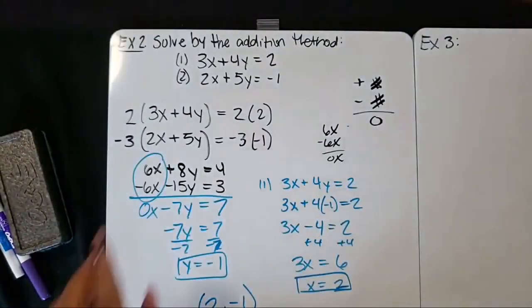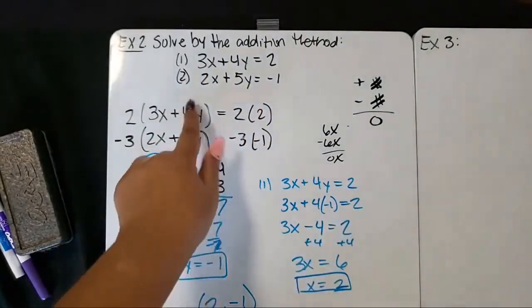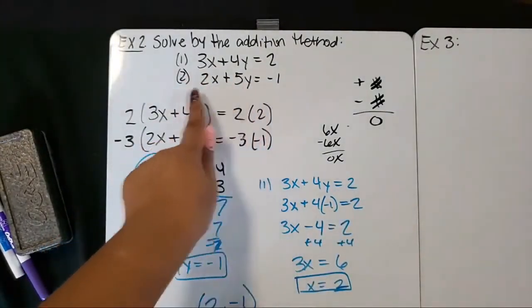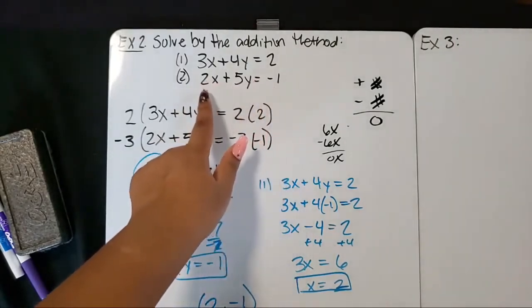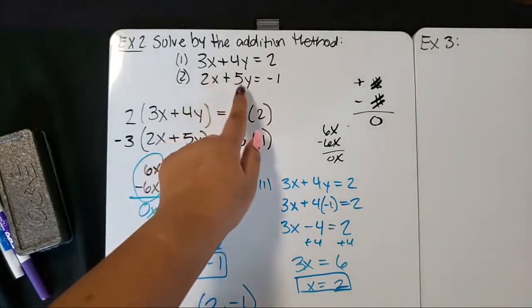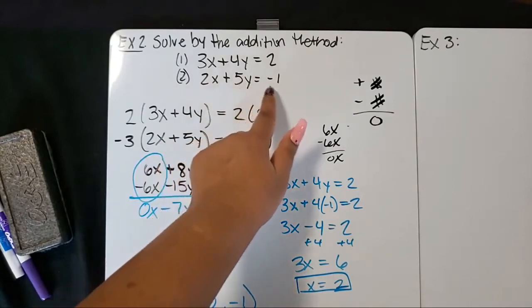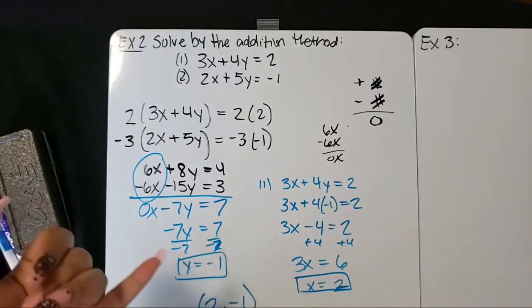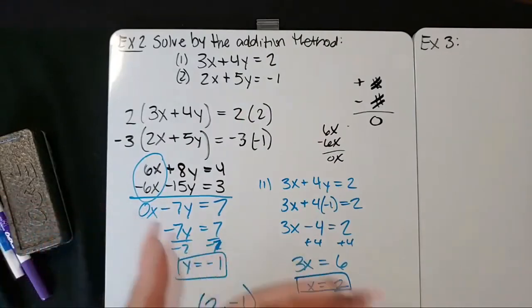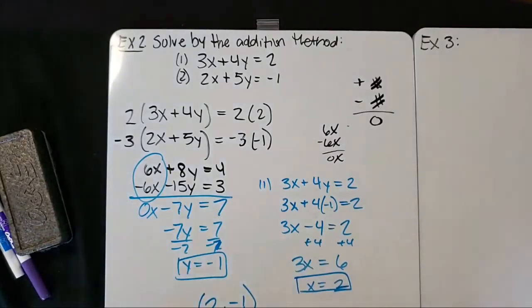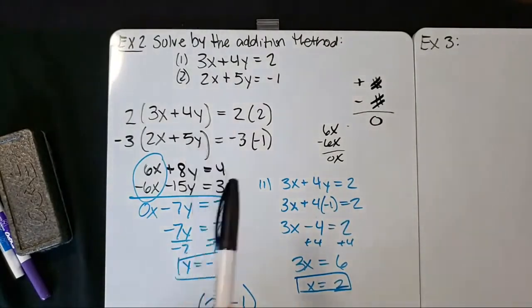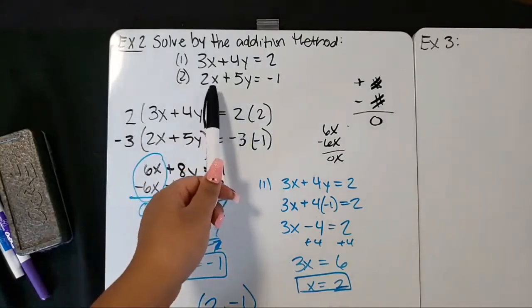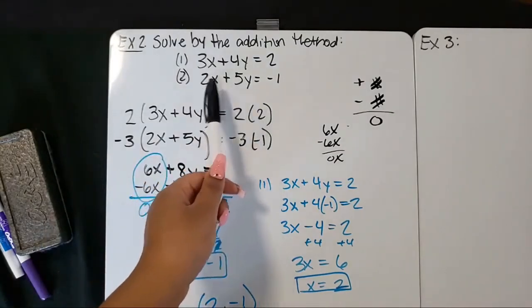For example 2, if we added the equations together from the jump, we will have 5x plus 9y equals 1, which we still have an x and a y term, which is not what we want. We can't solve with an x and a y in the equation. That's why we want to eliminate one of the variables so we can solve. So you have to decide which variable you want to eliminate, if you want to eliminate the x or the y.